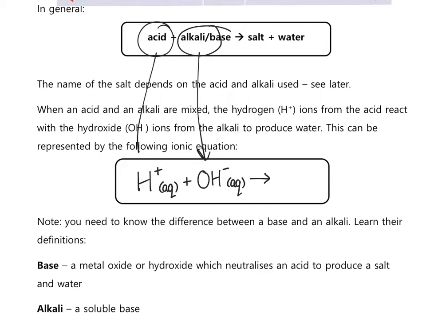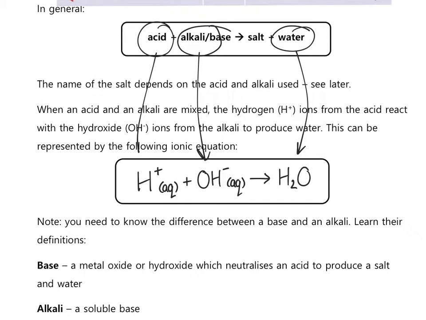And have a look at your formulas there. You've got an H plus and you've got an OH minus. How many hydrogens do we have in total? We have 2. So we can write H2. How many oxygens? We have 1. H2O, what is that? It's our water.